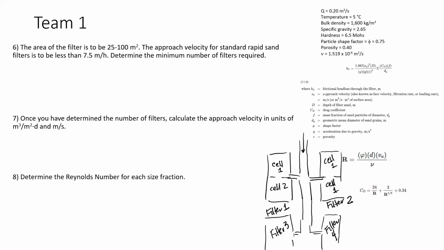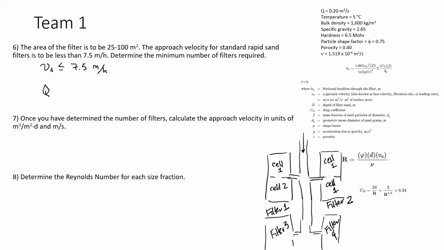Okay, does that help? So what you're asked here is to determine the minimum number of filters required. You're told that V sub A, which is our approach velocity or filtration rate, has to be equal to or less than 7.5 meters per hour, typical units that are given.